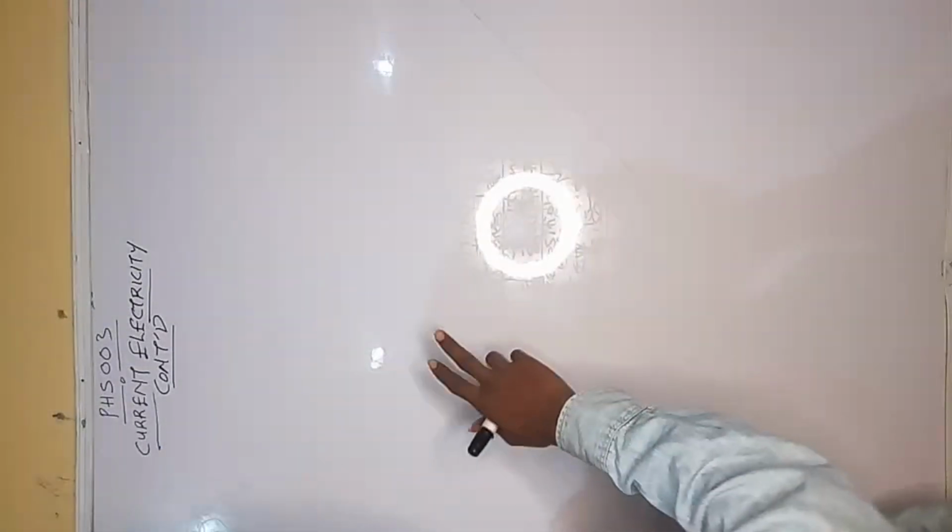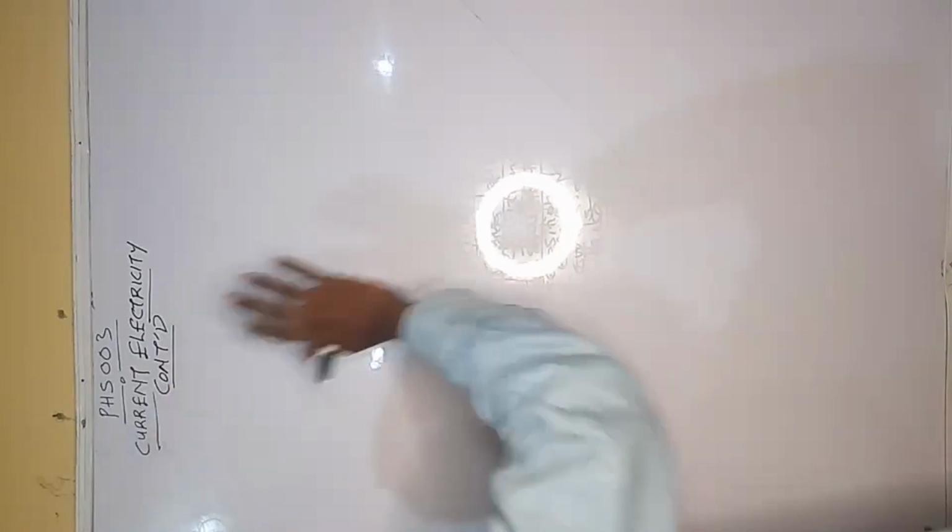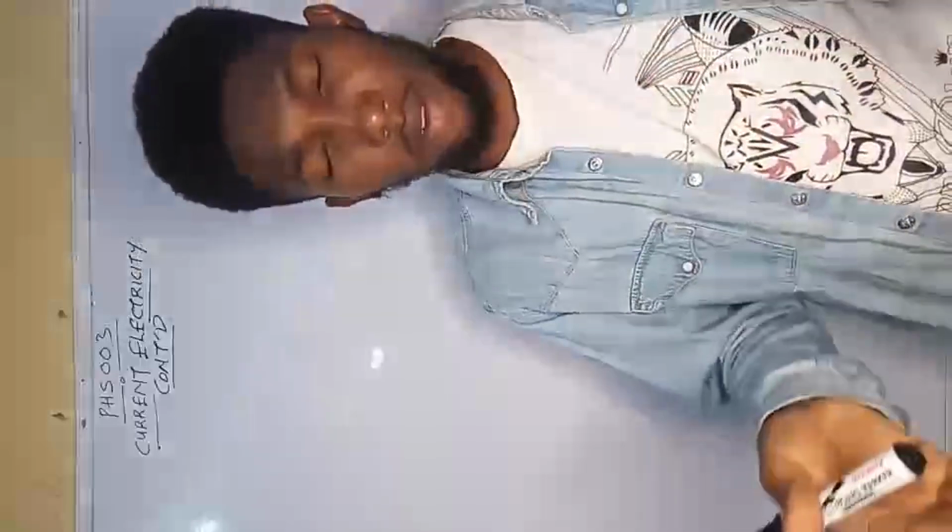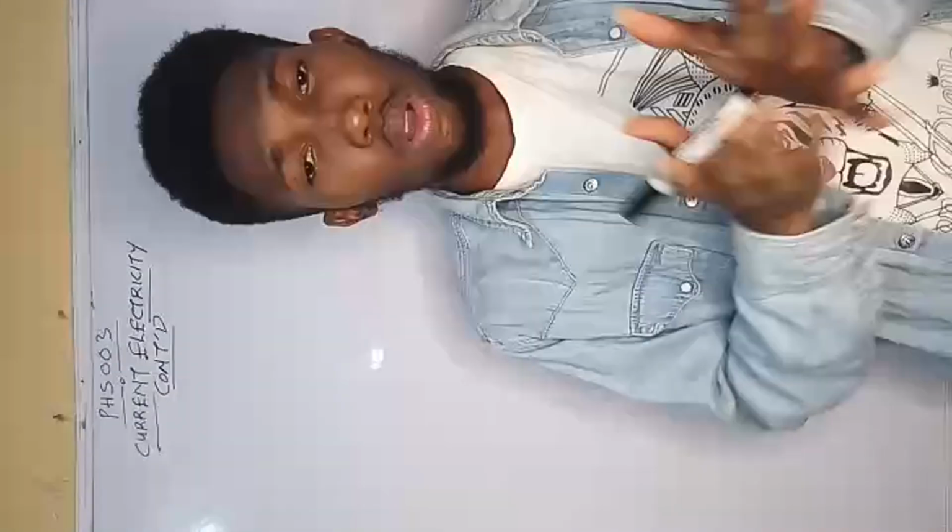So I'll continue from the second part of our topic, which is current electricity. We've gone through so many of these aspects. Last time we emphasized the aspect of resistivity and conductivity. This time we're going to be dealing with conversion of galvanometers to ammeters and conversion of galvanometers to voltmeters.